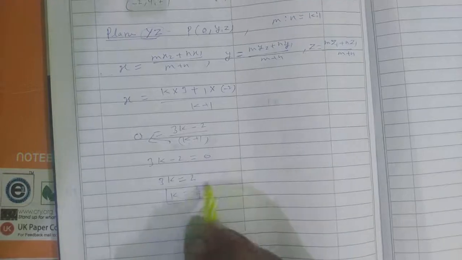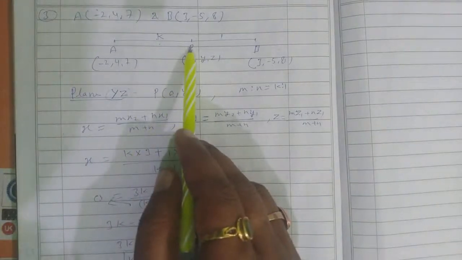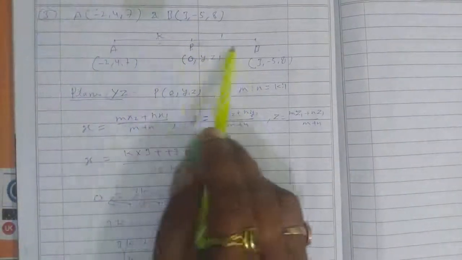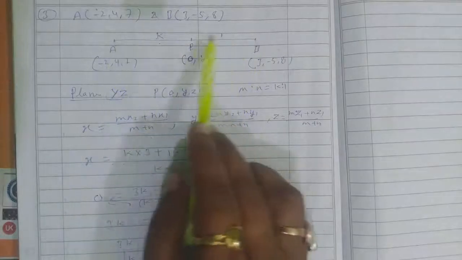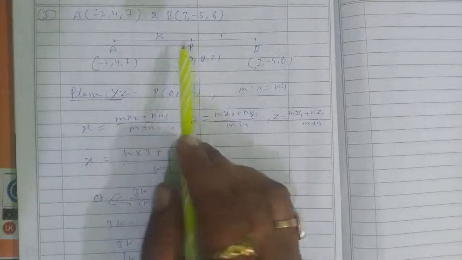That means P divides the line AB in the ratio 2:3.